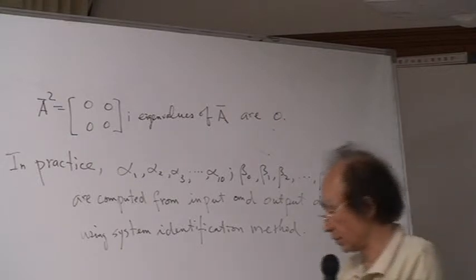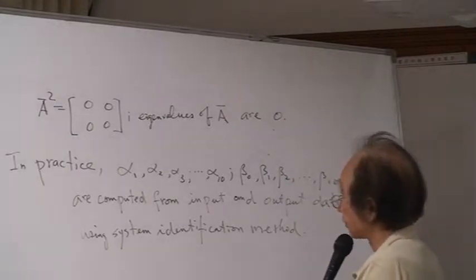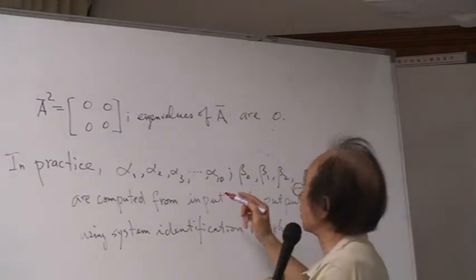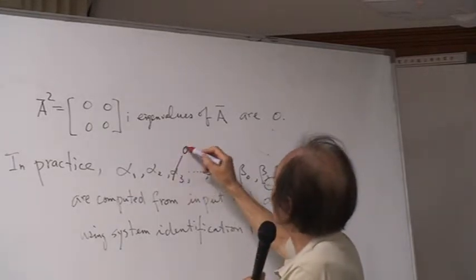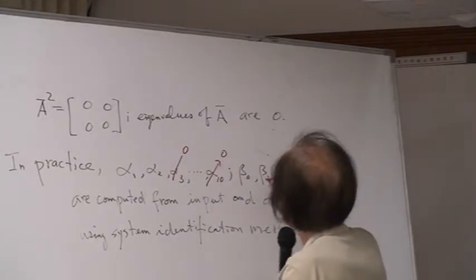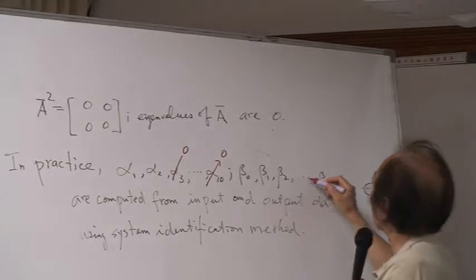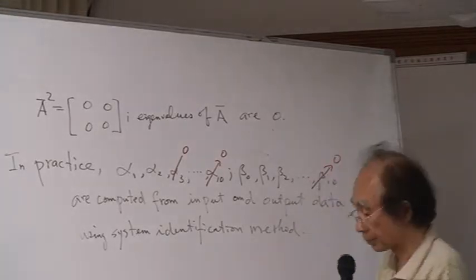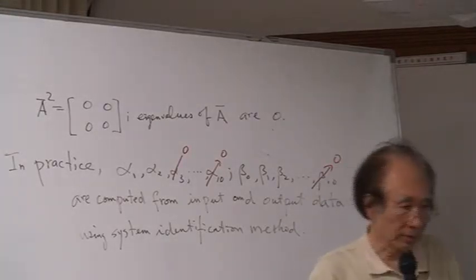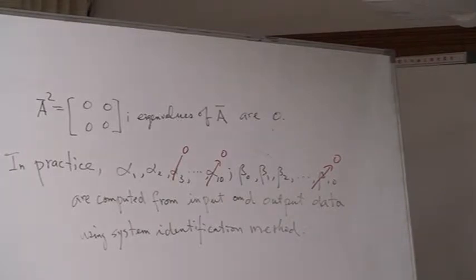So for our case here, everything beyond that is all 0. We have only 3 beta and 2 alpha. Based on that, we'll be able to compute our finite difference model.